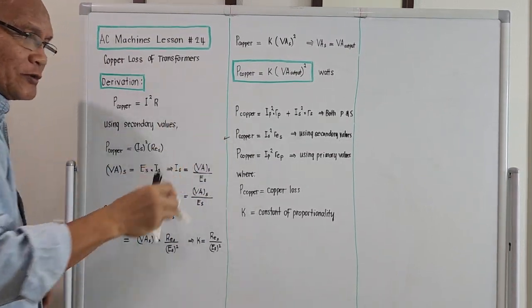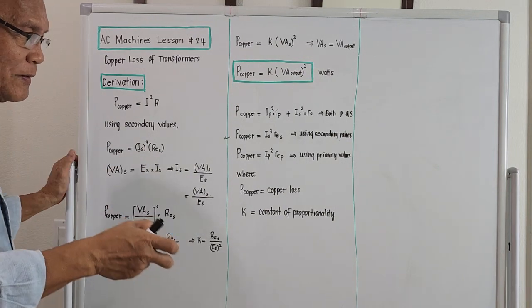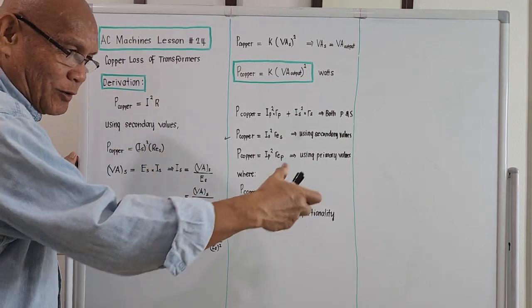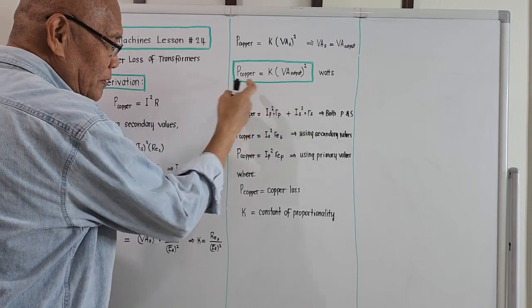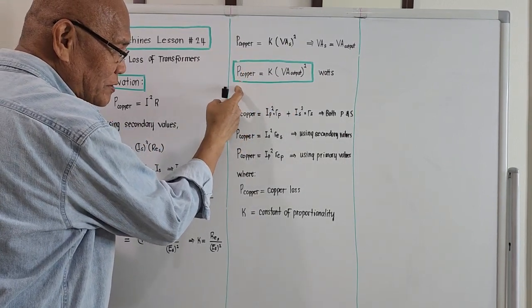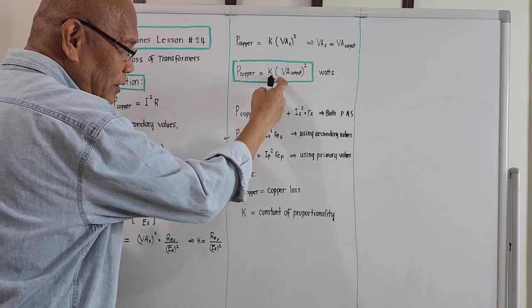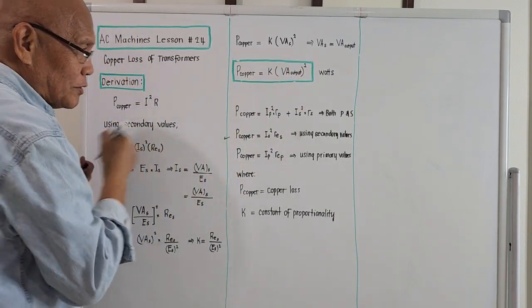So I will now try to derive the equation which will give us the copper loss in terms of the power of the load. It was given like this in the textbook: capital letter P with the subscript copper, meaning the copper losses, equal to a certain constant K multiplied by the volt ampere output quantity square, and the unit of this is in watts.